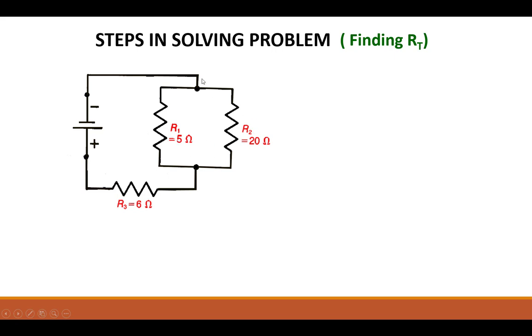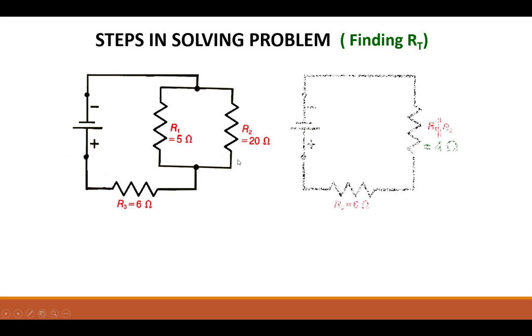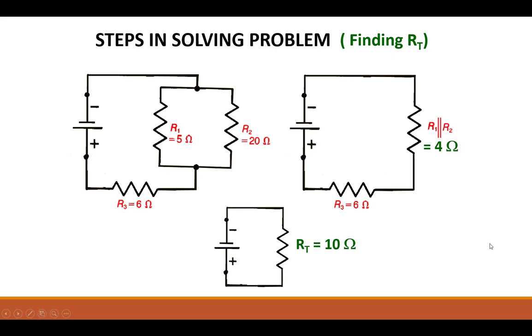This is going to have a resistance equal to 4 ohms. Now, going the next step, I combine this with this, and we see that it's in series, so these are just additive. The total resistance, the equivalent resistance for this circuit, then is 10 ohms.